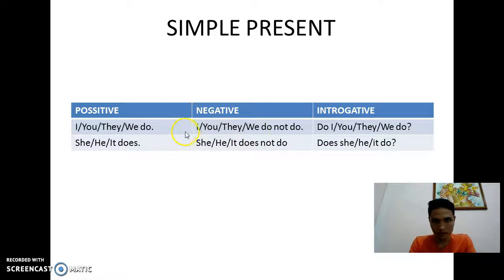So if the subject is I, you, they, we, we have to use do not before the verb. And if the subject is she, he, it, we have to use does not before the verb. So in the second example, she does not do, he does not do, and it does not do.